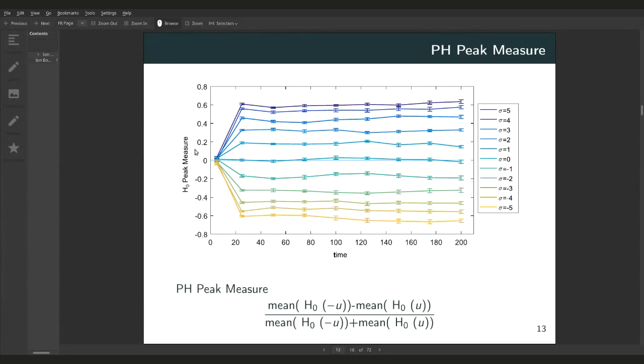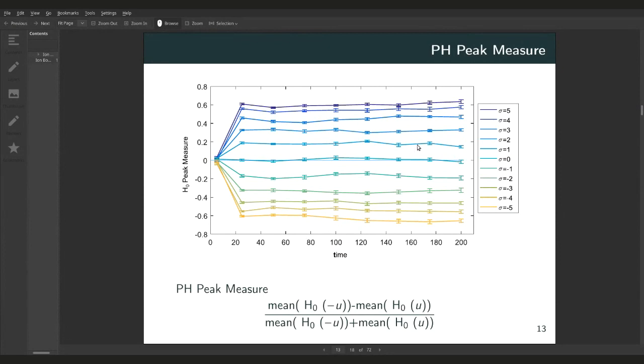And we have here just the plot over time and error bars over all of the trials. So some really nice things that we notice here. Sigma equals 0 has approximately a peak measure of 0 for the whole time. This is expected looking at the geometry of the problem. But this is useful to validate the technique for use in experimental data.